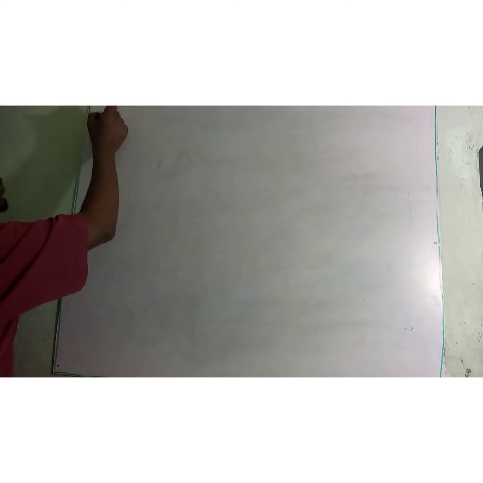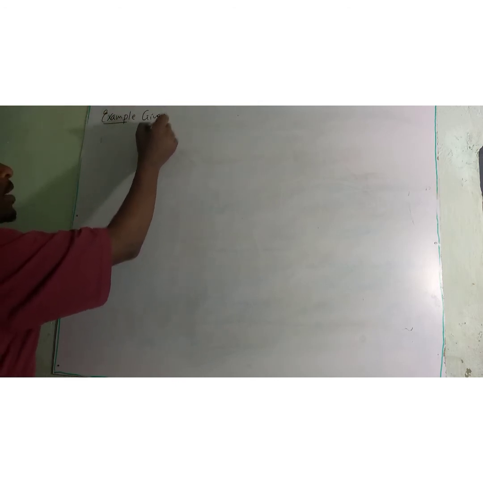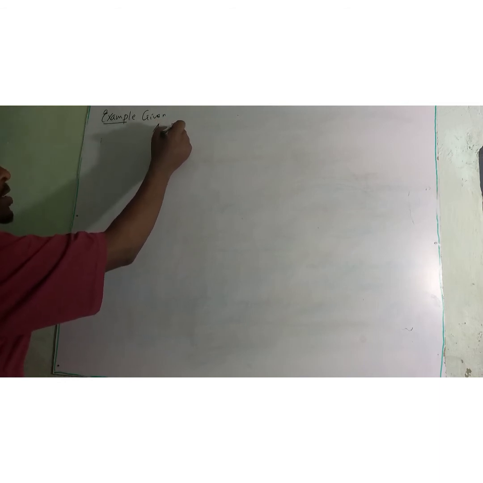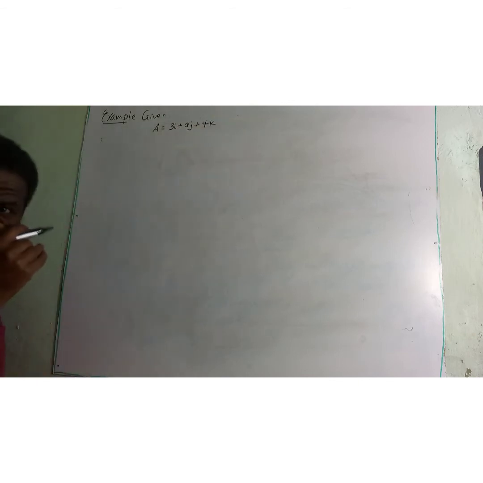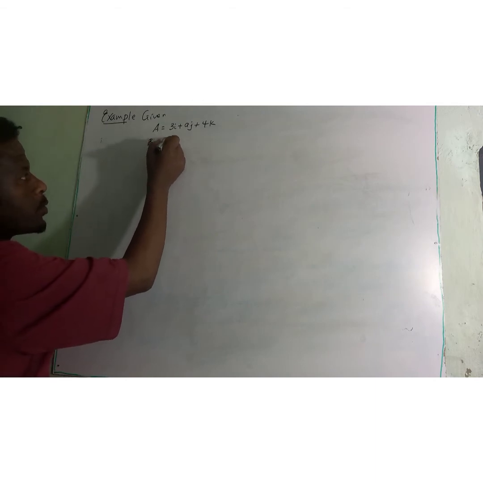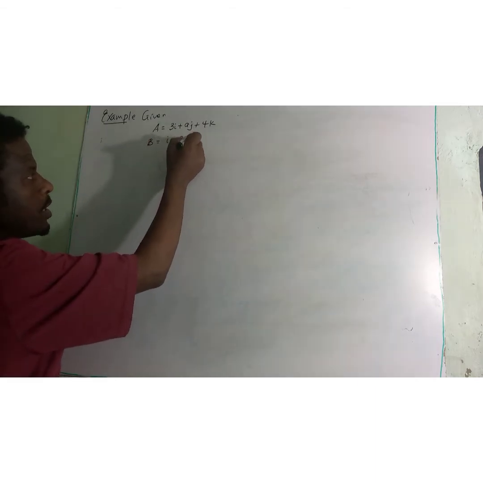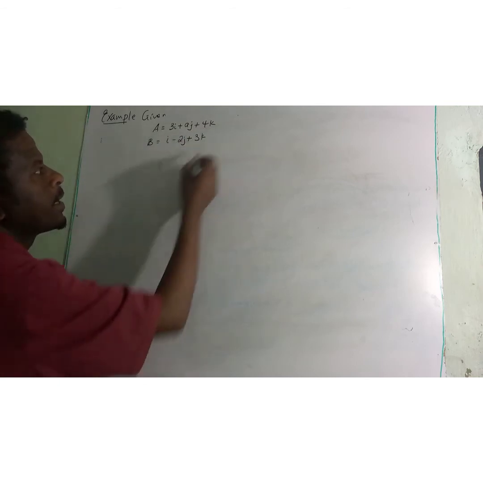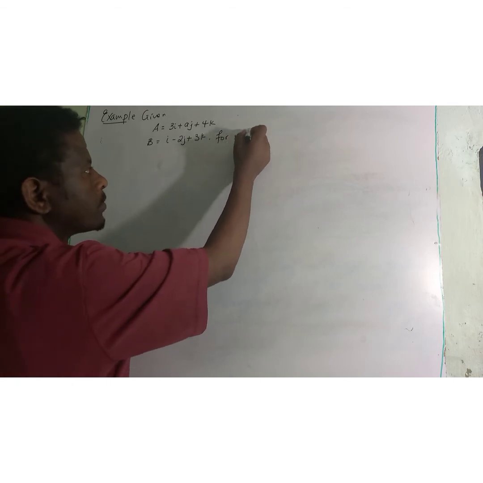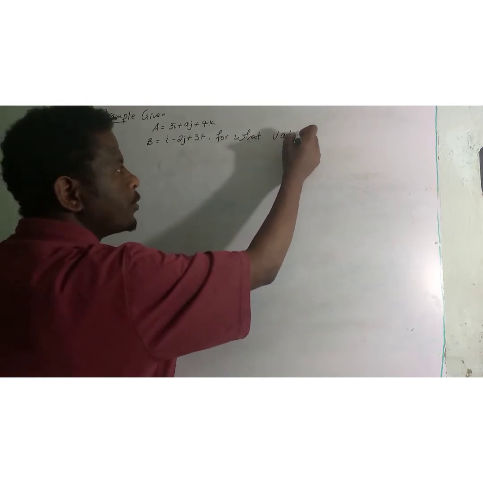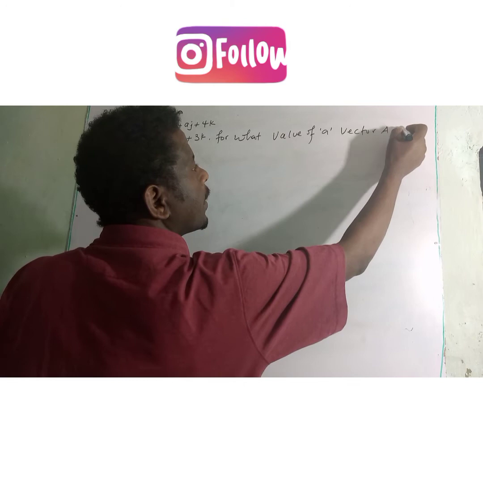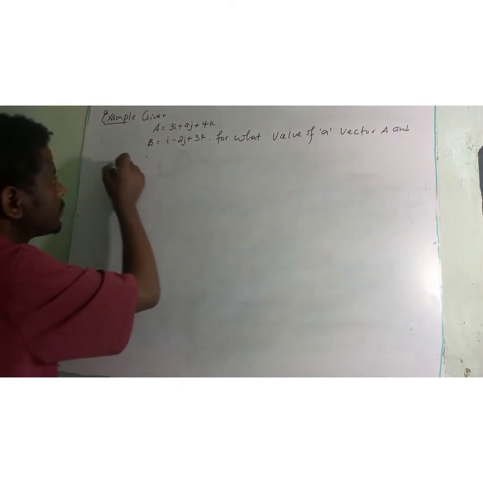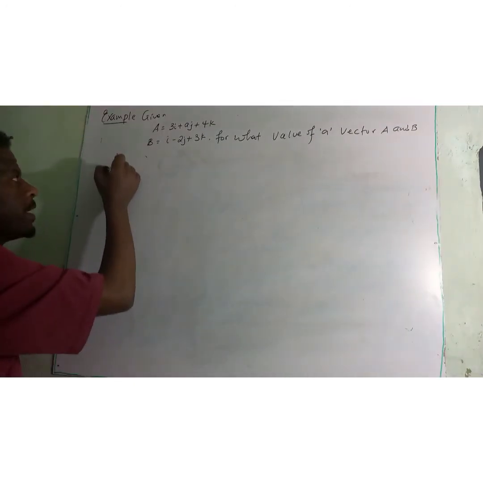Example. Given A, which is equal to 3i plus aj plus 4k, and vector B, which is equal to i minus 2j plus 3k, for what value of a are vector A and vector B perpendicular?